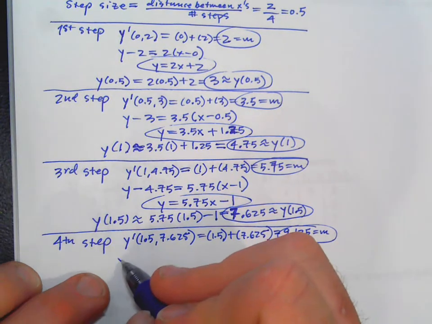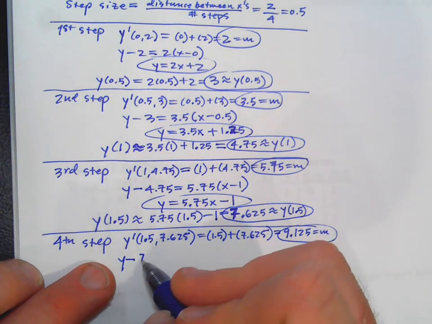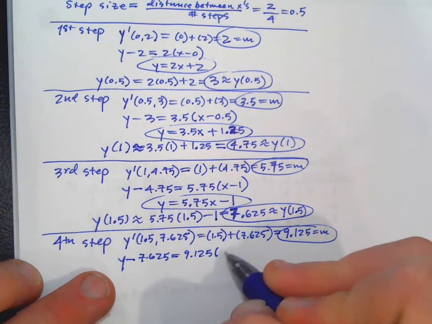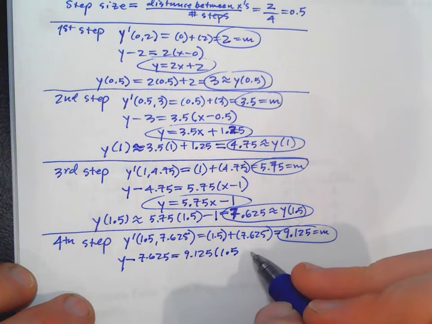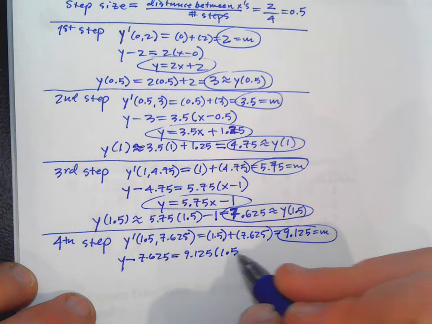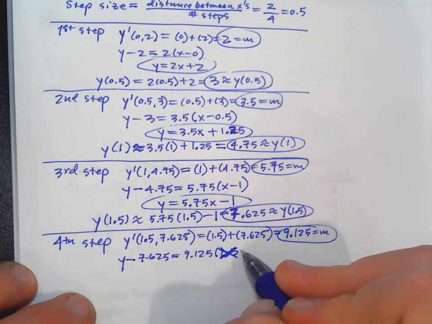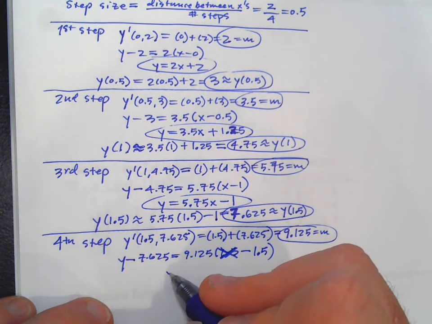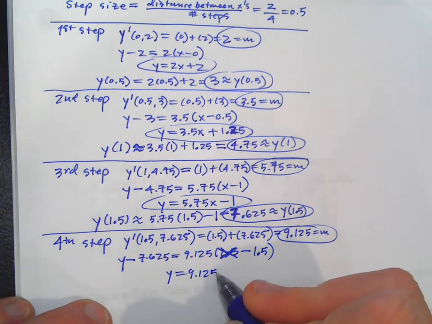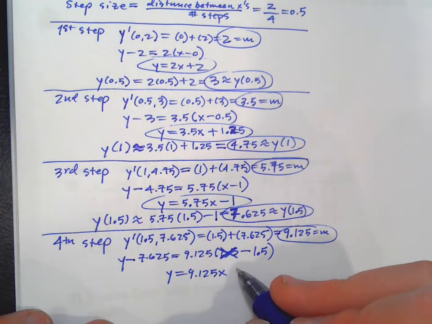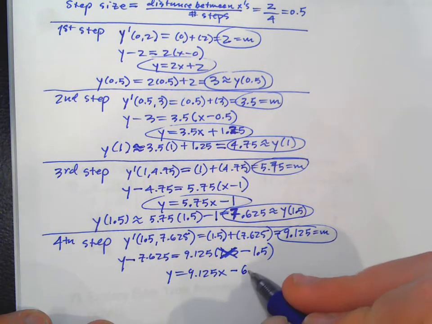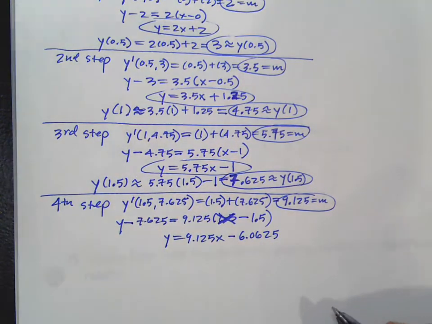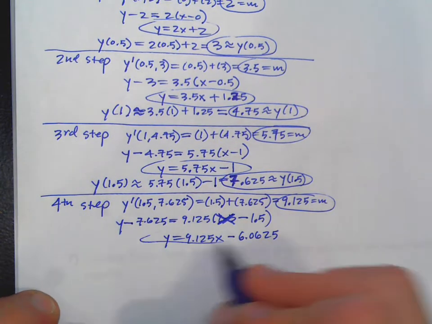You're going to write another tangent line, y minus 7.625 equals 9.125 times x minus 1.5. We could change this to slope intercept form, y equals 9.125x. This is where it gets a little messier. I'm just going to tell you what it is, 6.0625. You don't want to get rid of any of your decimals yet. Do not round or truncate to 3 decimals in the middle of your work. So this is our fourth and final tangent line.